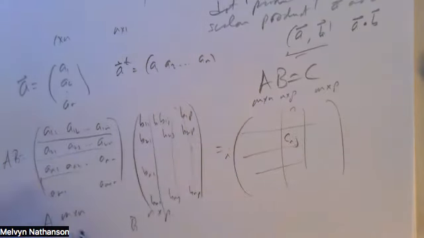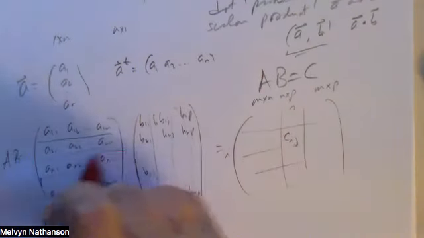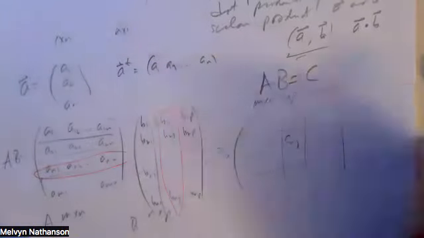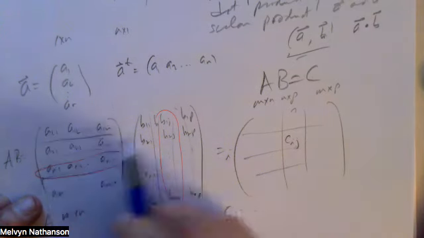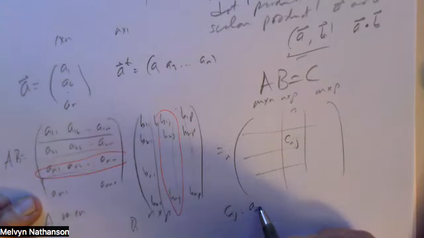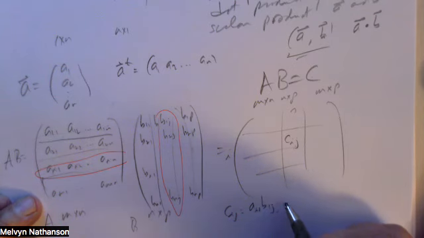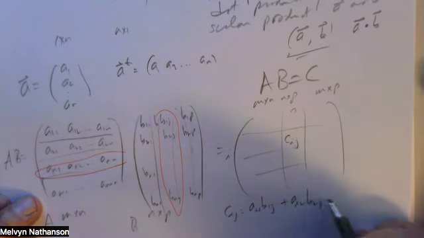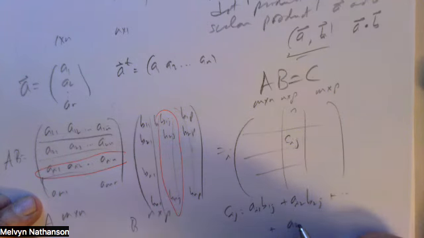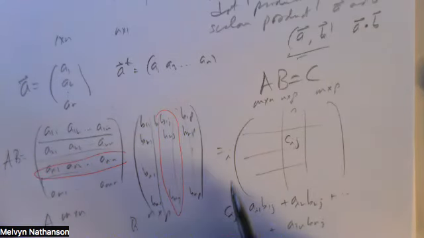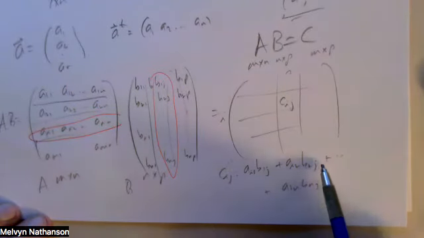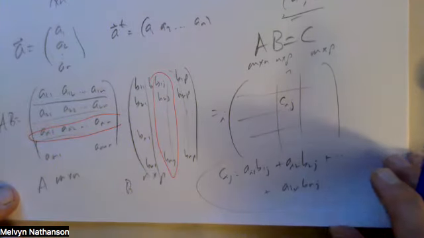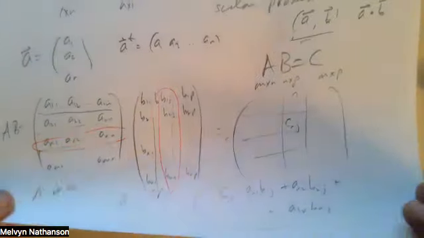It's what you get by multiplying the ith row of A with the jth column of B. So Cij will be Ai1 B1j plus Ai2 B2j all the way up to Ain Bnj. So as i goes from 1 to m, there are m rows, and j goes from 1 to p, there are p columns, this is the definition of matrix multiplication.